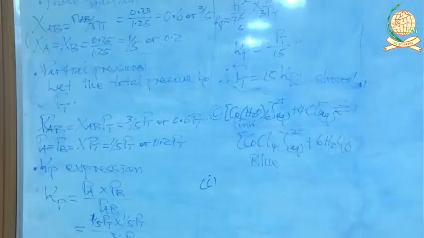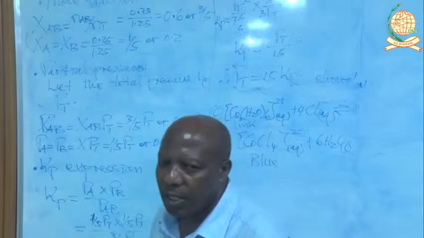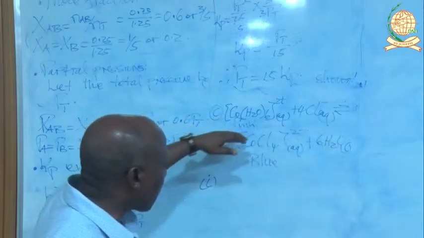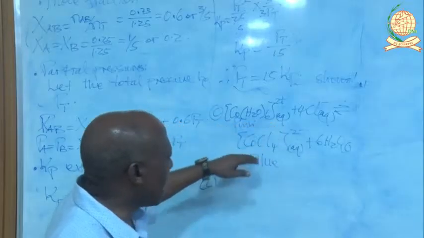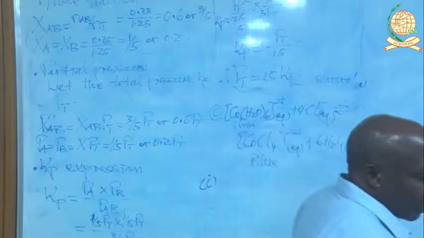Then hydrochloric acid, which is the source of chloride ions, was added. Then the equilibrium system was established between this complex and this one.